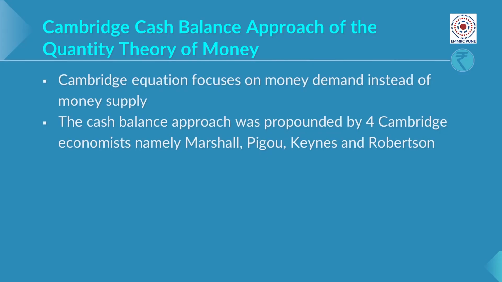The cash balance approach was propounded by four Cambridge economists, namely Marshall, Pigou, Keynes and Robertson. According to them, the value of money depends upon the demand for money, but the demand for money arises not on account of transactions, but on account of its being a store of value.